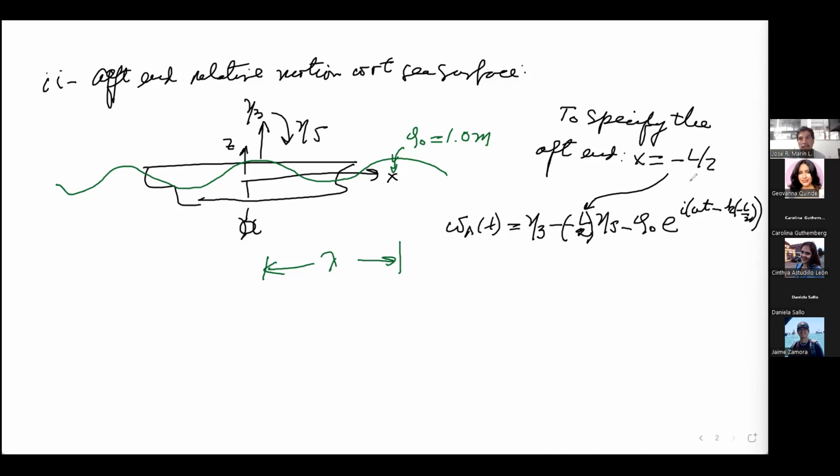Okay, so we have to specify that the relative motion that we're calculating now is on the aft end. So in this way, since we are taking directly the amplitude as 1 meter for the incoming wave, the amplitude of this relative motion is the RAO. But in this second case, it's the RAO of the relative motion of the aft end with respect to the sea surface.